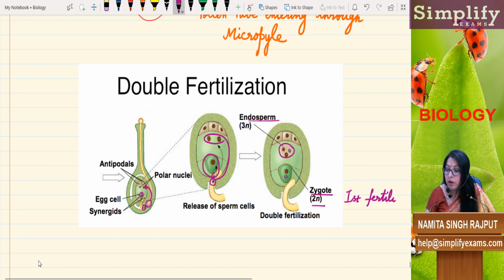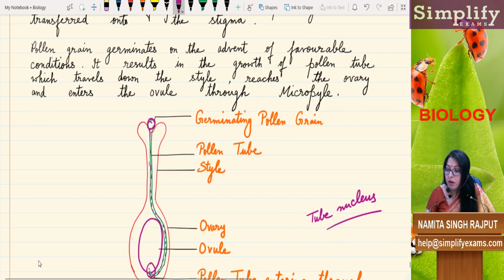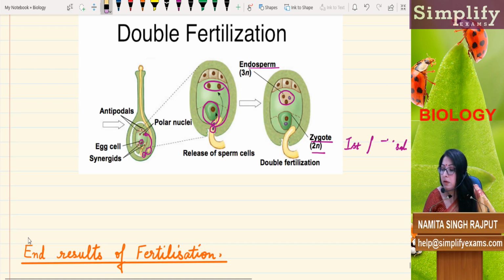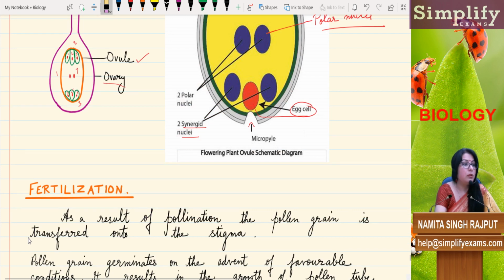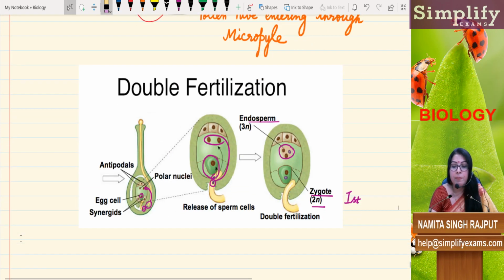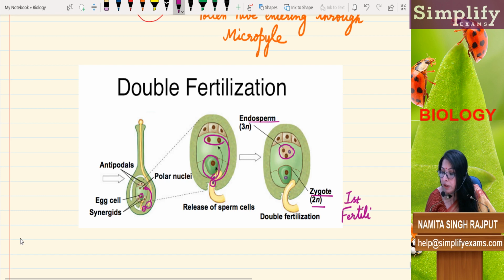Sorry, I'll write it here. This is the first fertilization: the combination of the male nuclei with the female egg cell.